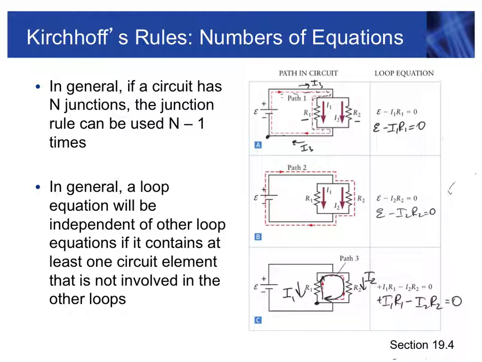It's not written on the slide, but I'm going to mention we can also have junction equations here. We have two junctions, so we can have one junction rule, and it says I3 is equal to I1 plus I2. If we look at the other junction, it's pretty much the same: I2 plus I1 is going to give us I3.